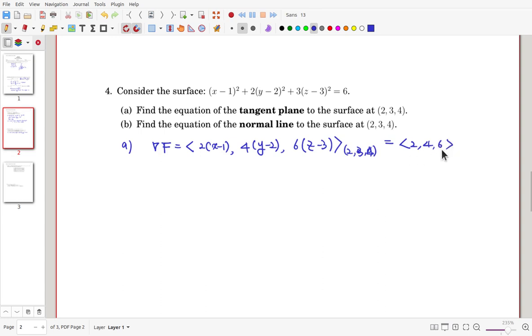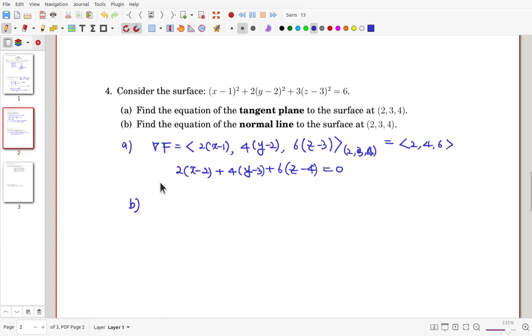That's the normal direction, the gradient. And at (2, 3, 4), we can easily get the equation of the tangent plane. So that is 2(x minus 2) plus 4(y minus 3) plus 6(z minus 4) equals 0. That's the equation of the tangent plane.